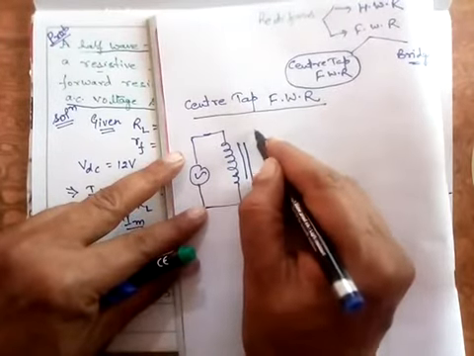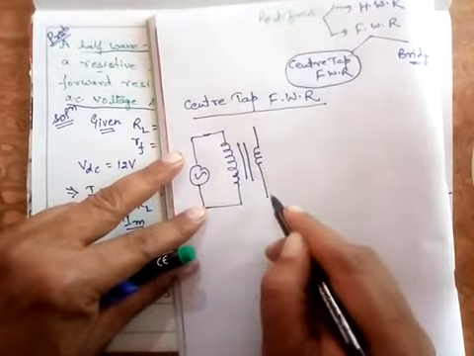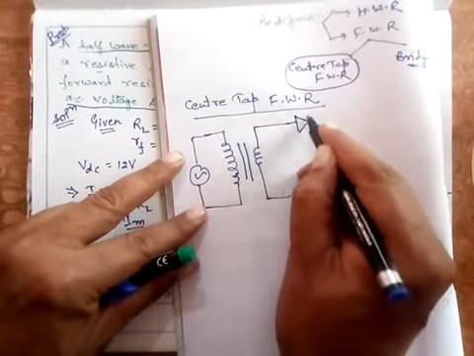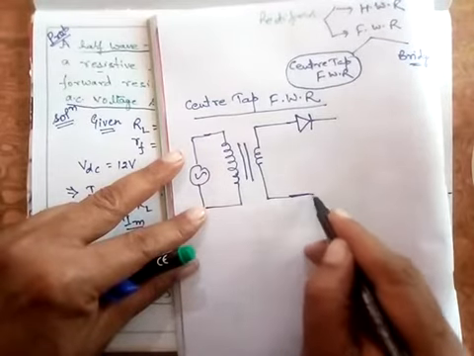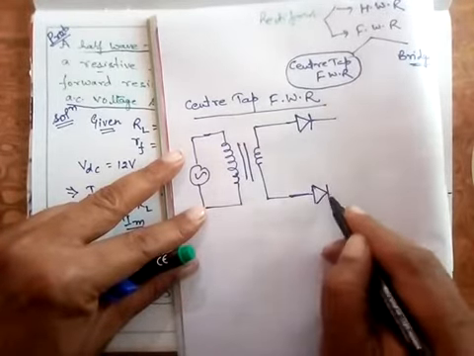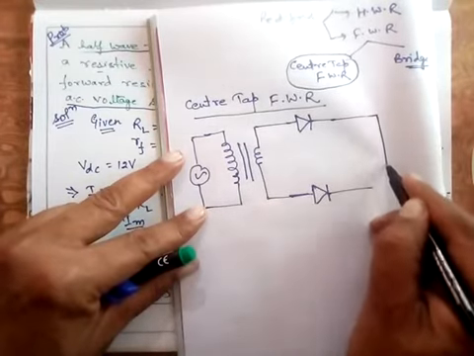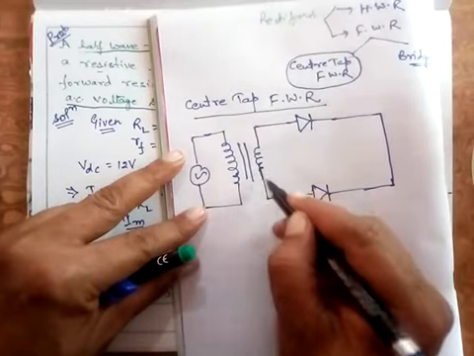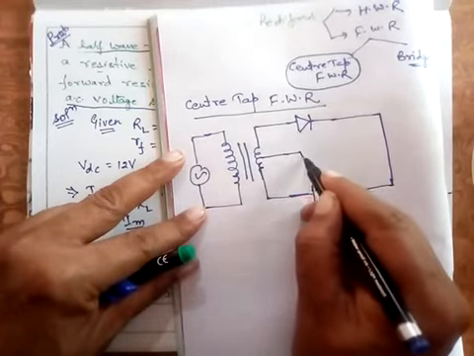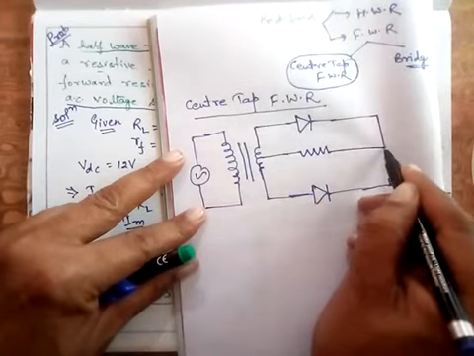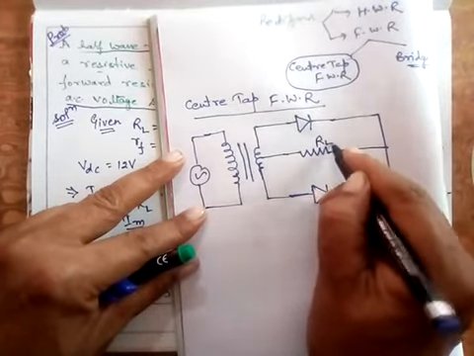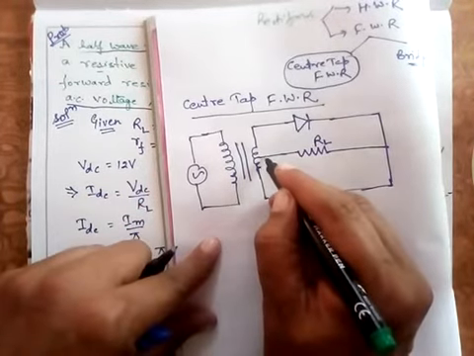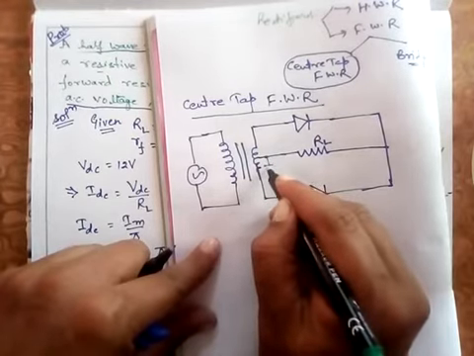This is the inductive core here, represented by these two vertical lines, and then I am using two diodes here. I'll explain this circuit later on. This is a center tap transformer here, and here I use a load resistance RL, and the secondary of this transformer is grounded at the center.